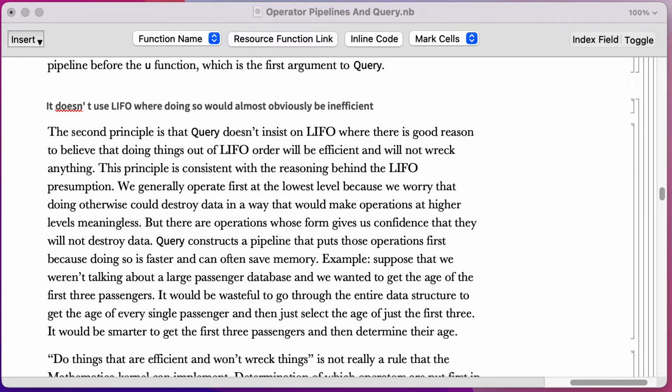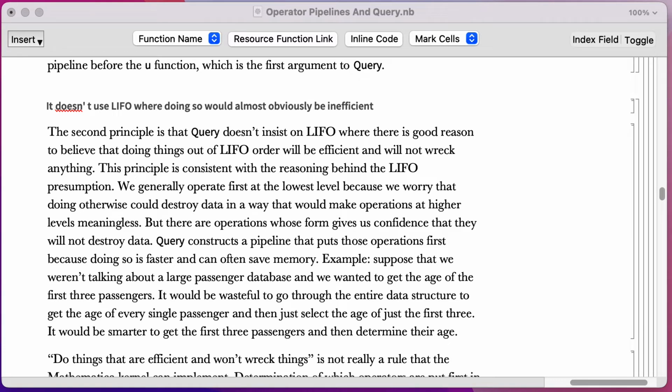There are always exceptions, and an exception to the LIFO principle is where it really doesn't make sense to order the operations in a LIFO way. Suppose, for example, we had some huge passenger database and we want to get the age of the first 3 passengers.